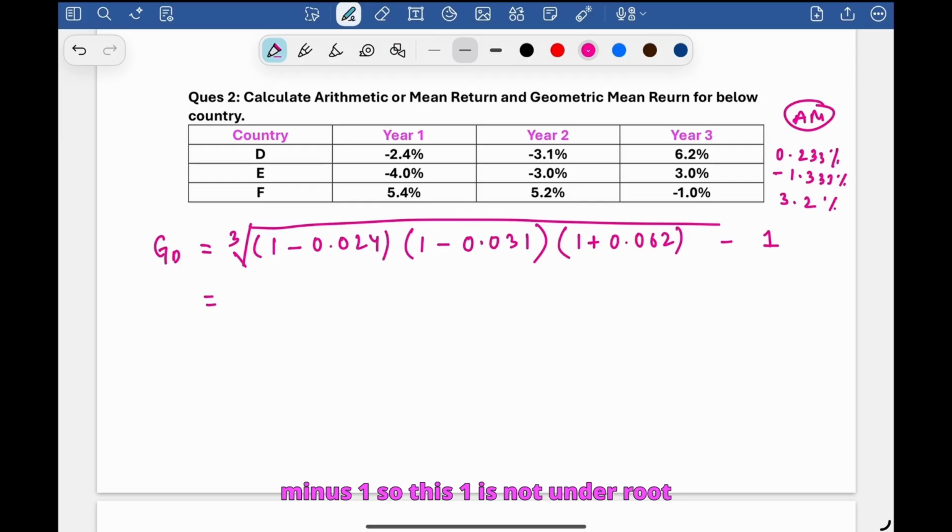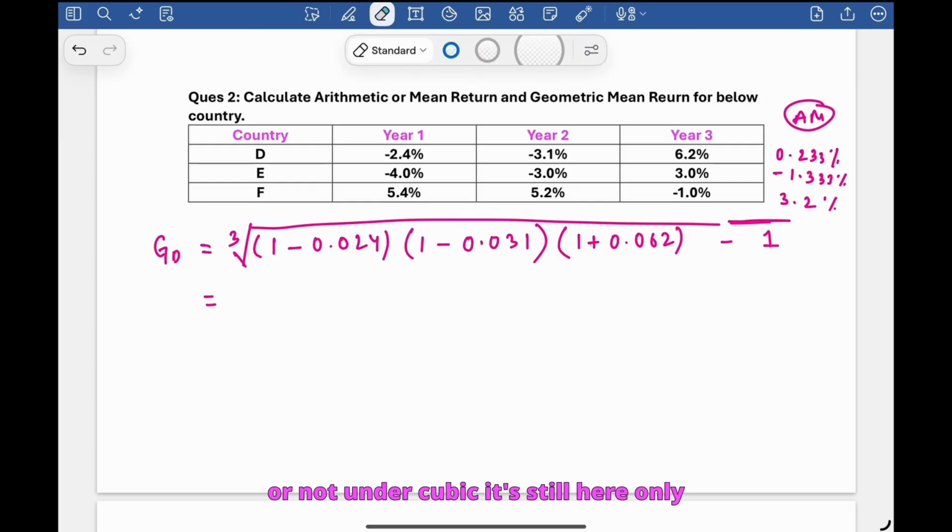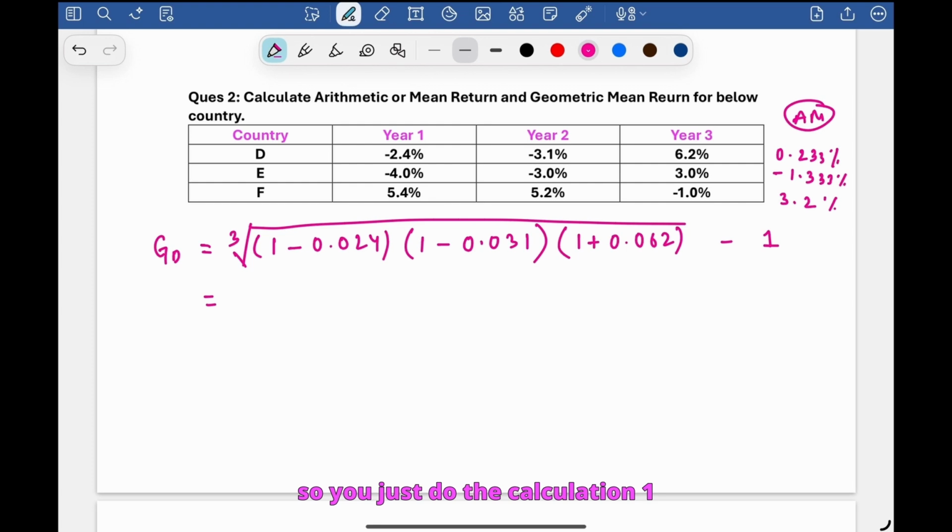This one is not under the cube root yet, so you just do the calculation. 1 minus 0.024 is coming out to be 0.976, and 1 minus 0.031 is 0.969.